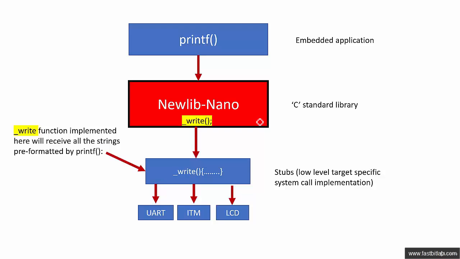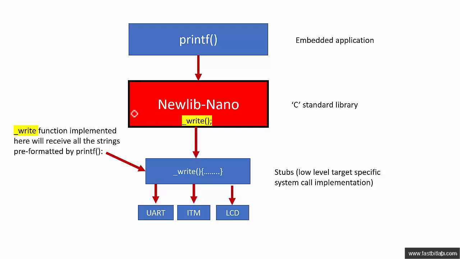Here underscore write is a low-level system call that must be provided by you. What you do inside the write function depends on your hardware. You can write into the UART, or you can write into the LCD or to the ITM FIFO, or you can do whatever you want as per your board or target.